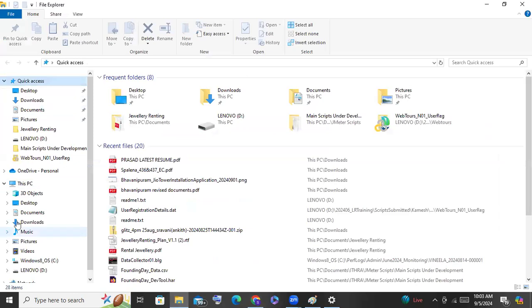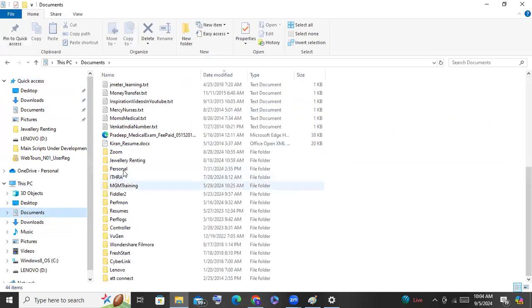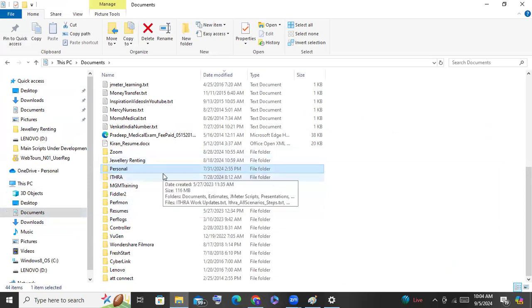For example, if I go into Documents, you would see that I have a folder called personal. If somebody is able to access my system without my permission and get into this personal folder, they would have access to all my personal data, isn't it?